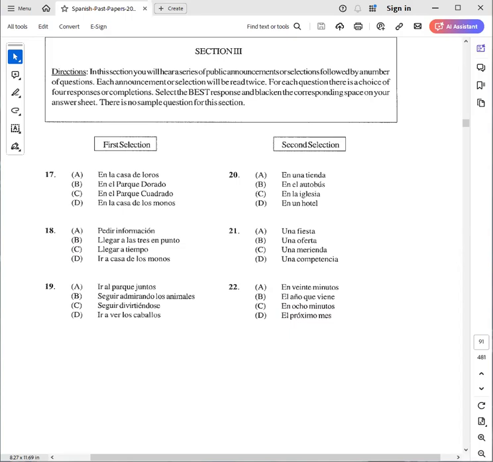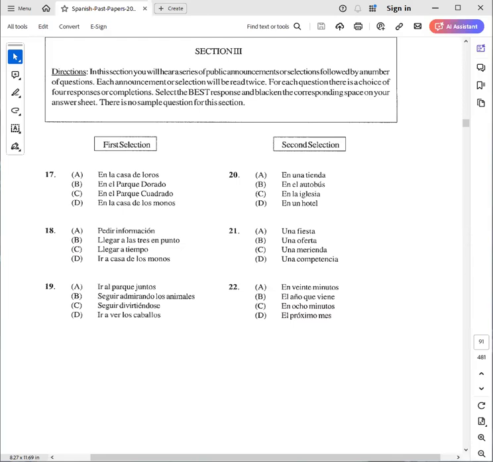The next selection says, attention, attention. All clients be informed that within 20 minutes, the great end of the year sale begins. All the products, including the ones that you already have in your carts, are going to be at half price, or now half price.